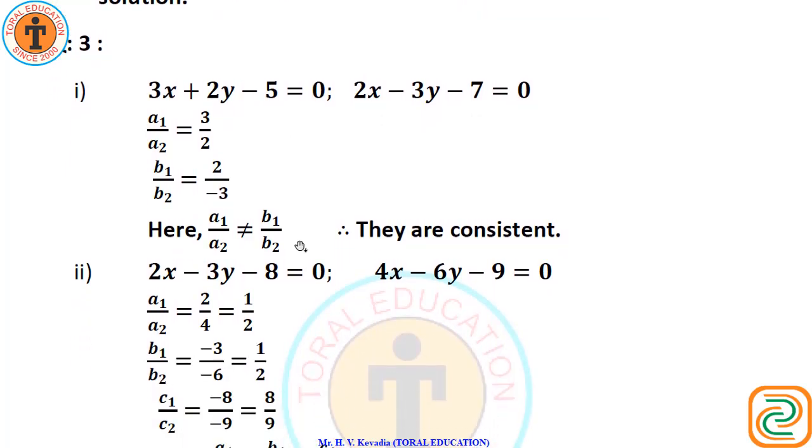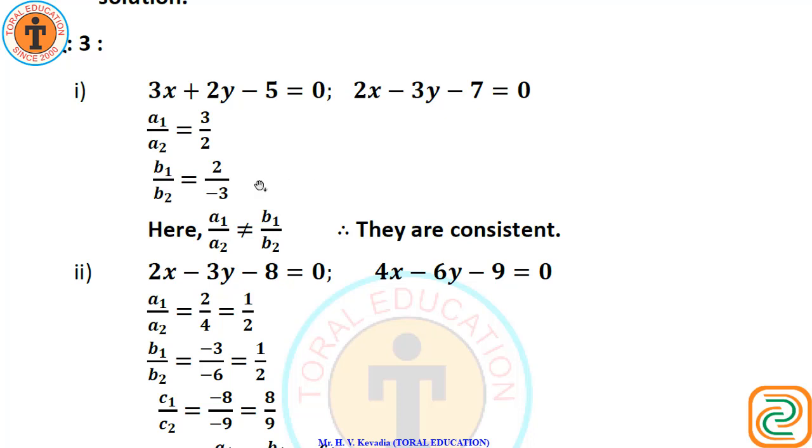Here are two equations, 3x plus 2y minus 5 equals 0 and 2x minus 3y minus 7 equals 0. So a1/a2 is 3/2, b1/b2 is 2 upon minus 3. Here we have got the answer. If a1/a2 is not equal to b1/b2, then they are consistent.